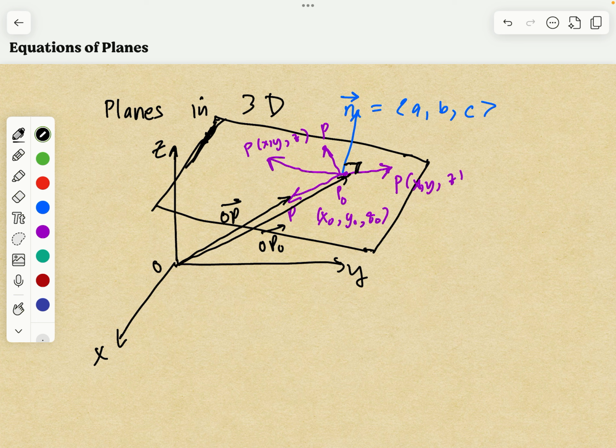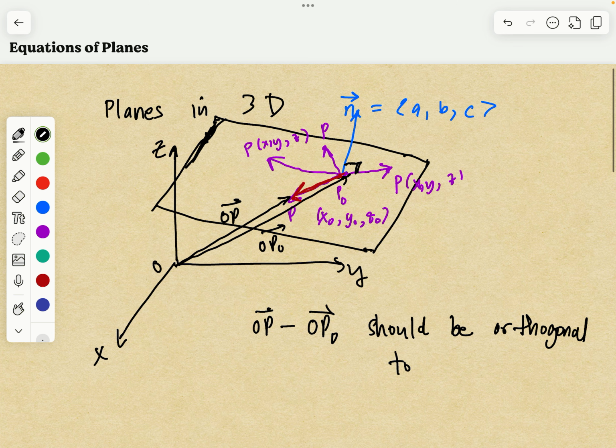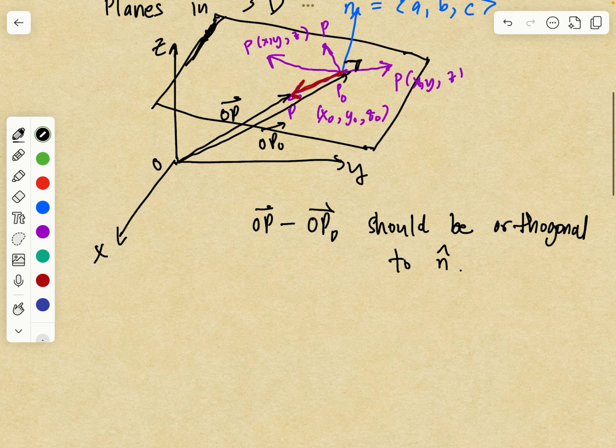If you take OP minus OP0, you get this vector. This vector should be orthogonal to n. If P is on the plane, then OP minus OP0 should be orthogonal to n.